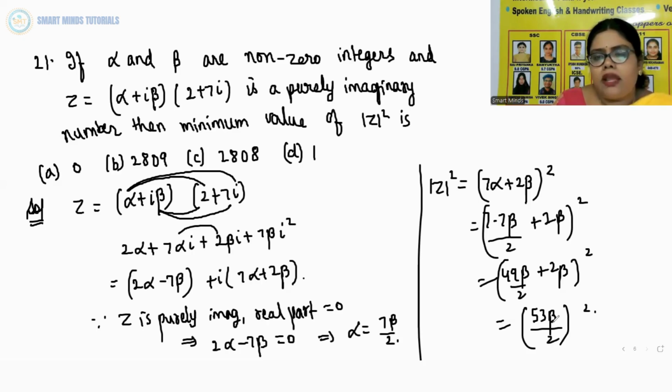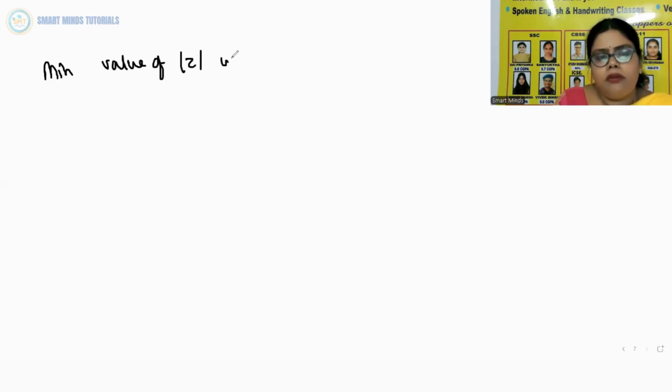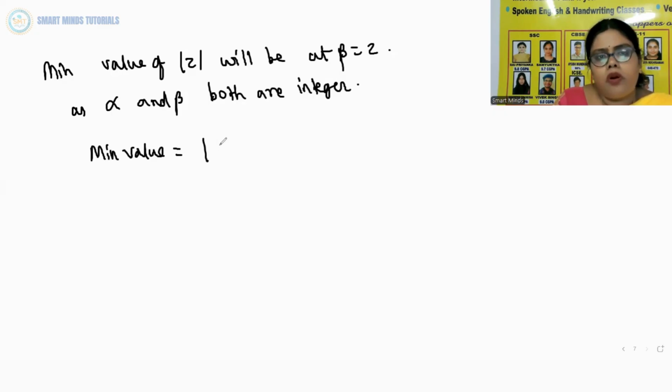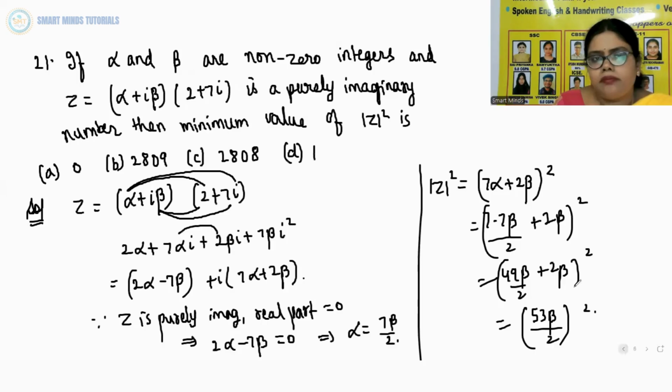It will be at beta is equal to 2, as alpha and beta both are integers. So the minimum value of mod z square: if we take beta as 2, we get 53 square, which is equal to 2809. That is option B.